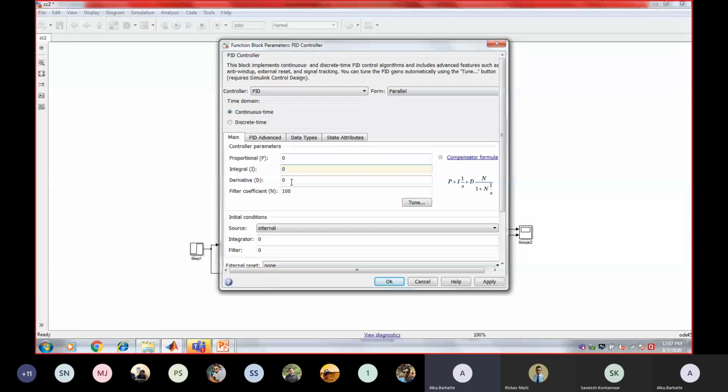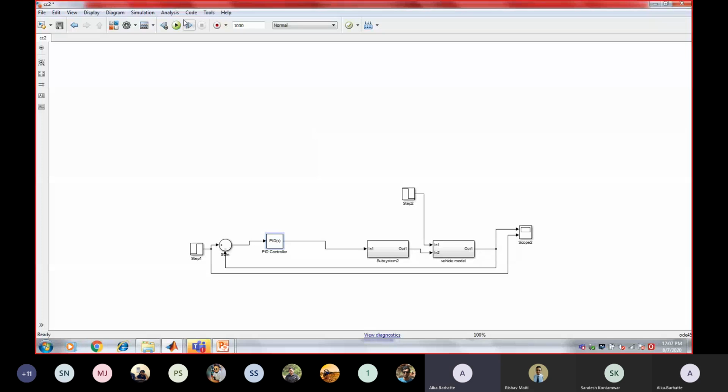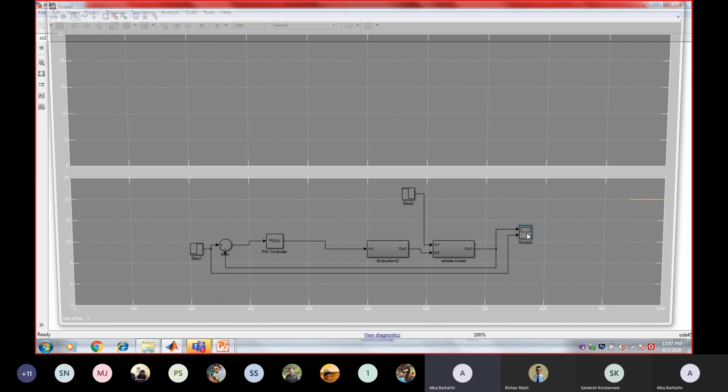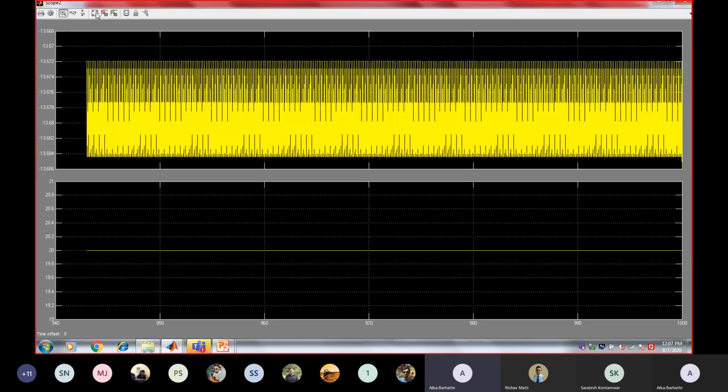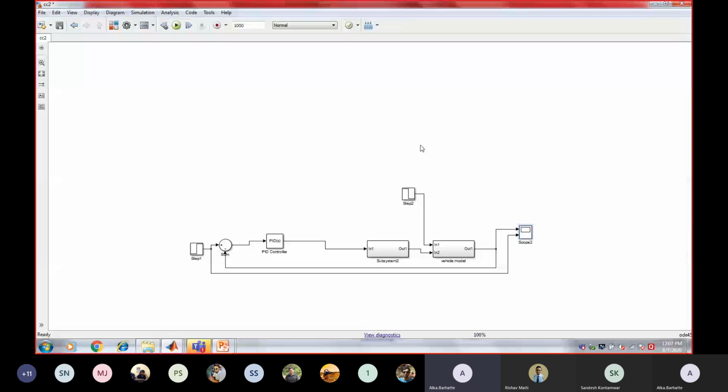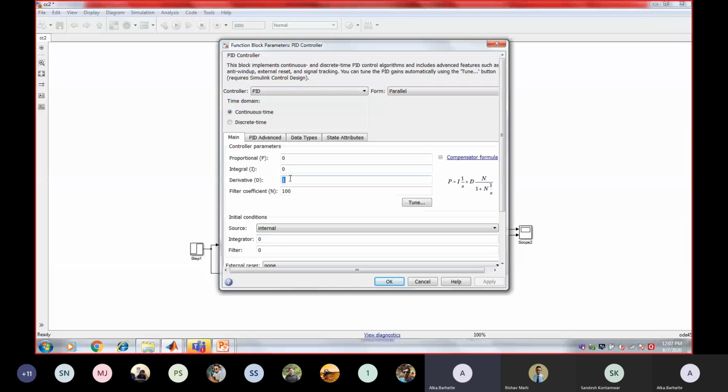And now we'll see only this derivative constant. It is giving us a completely unwanted signal. So the derivative block cannot be used, and that is why, when we initially tuned, this value was set automatically by the system.